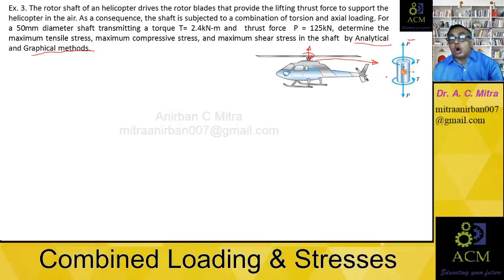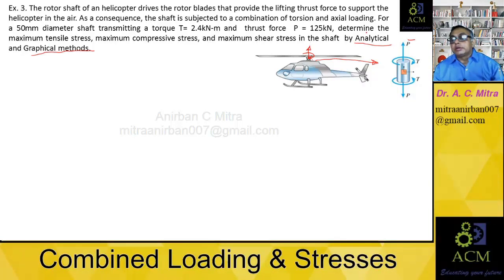And we have to also find out the combination of different types of loading, in the concept of maximum principal stress theory and maximum shear stress theory, analytically and using the Mohr circle. So can you please first tell me which type of problem it is?